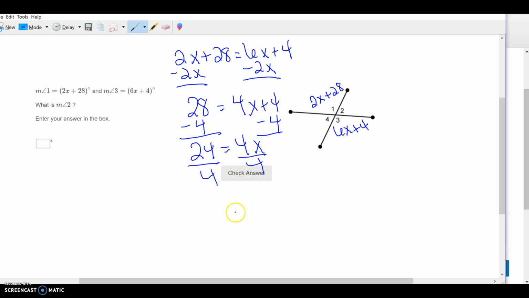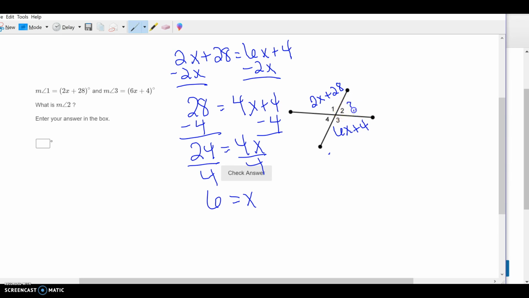I believe that is 8. No. 6. 24 divided by 4 is 6. Yes. Ooh, where'd I go? I'm losing my spot. 6 equals x. So now we know x, but we need to know the measure of angle 2.